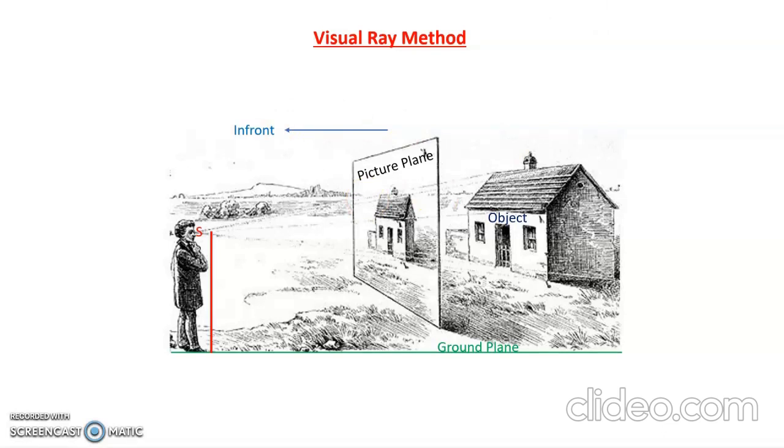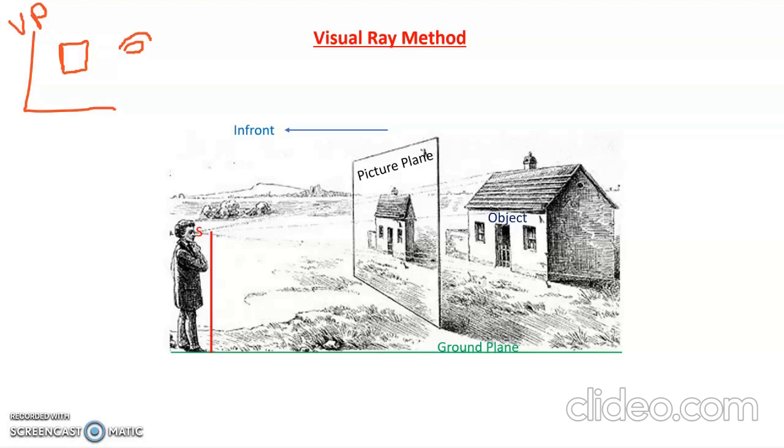In the previous orthographic projection we had a vertical plane, the VP, with an object at the center and the observer here. The observer looks at the object and the projection is on the vertical plane.